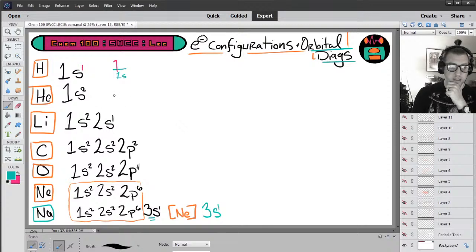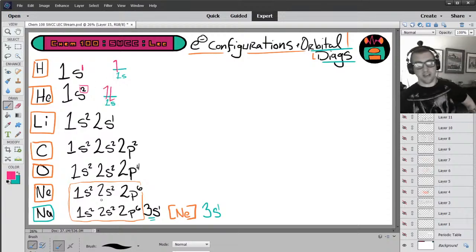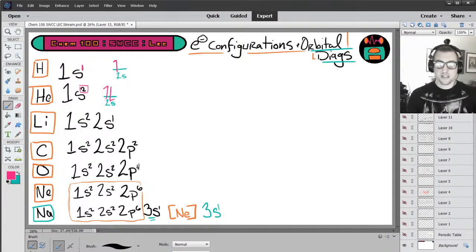again, we're dealing with the 1s subshell, and we have 2 electrons here. So we put them both in the 1s subshell.